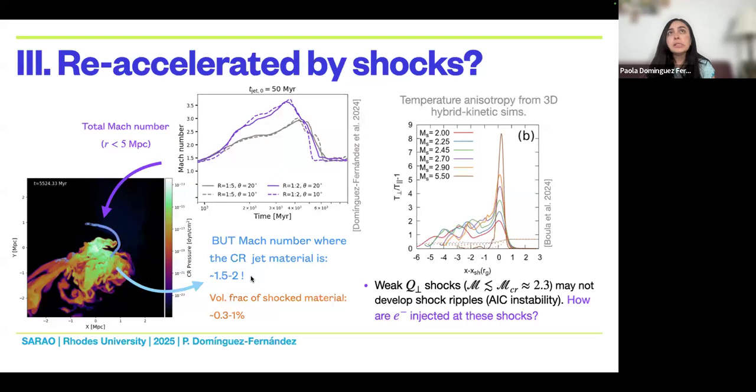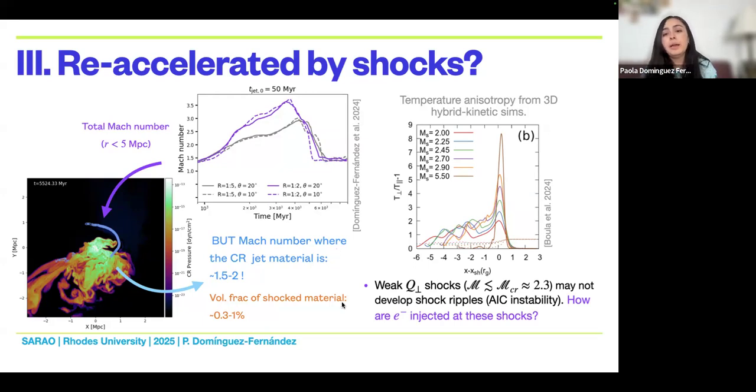So there are a couple of things. First you can think, what if the cluster was already filled with this fossil population of electrons everywhere, and then you have the merger? Then basically all of the shocks that are generated could accelerate the electrons if they are strong enough. So that is one possibility.